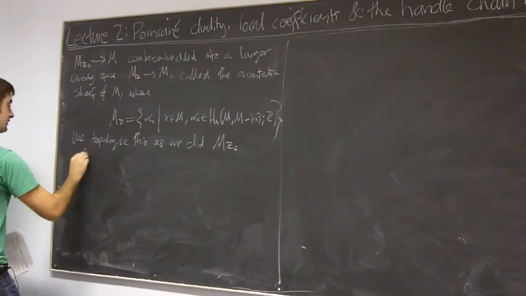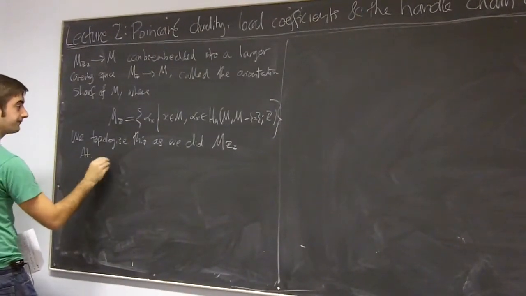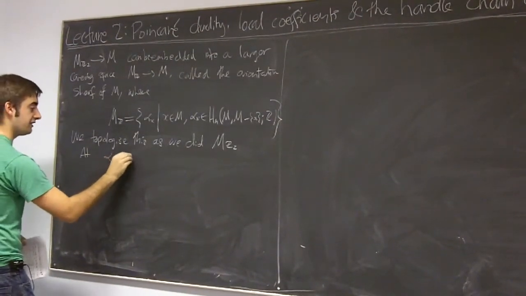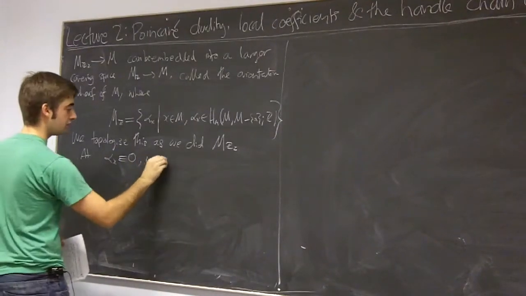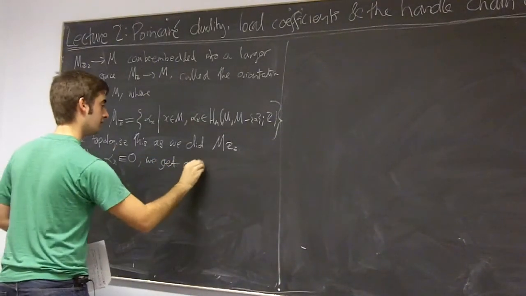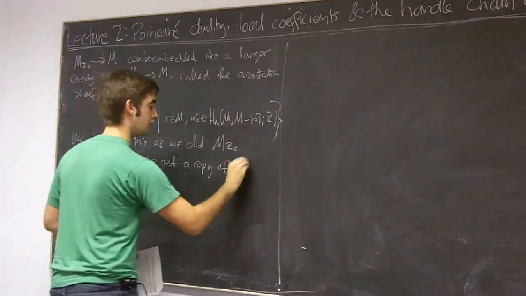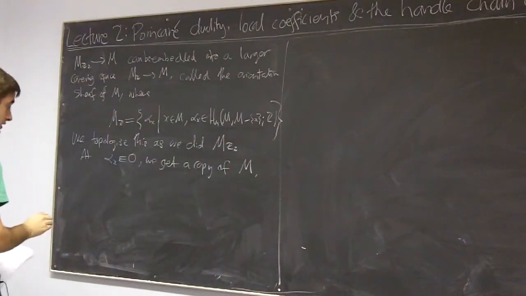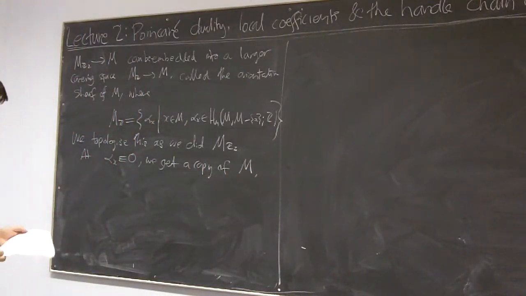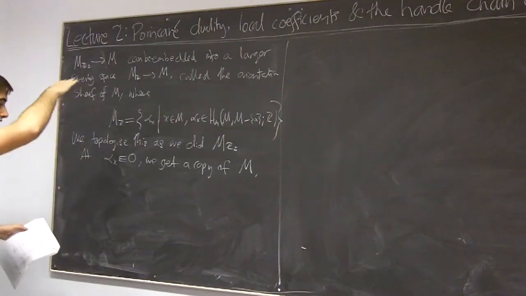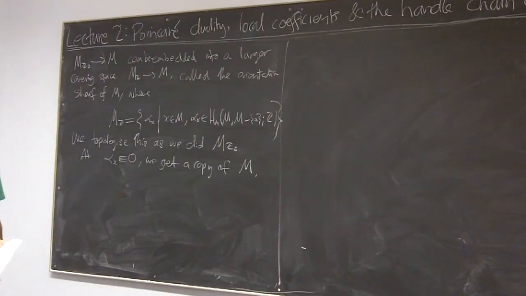So at alpha of x identically 0, we get a copy of M. And then I claim that for each positive integer we get a copy of the double cover.